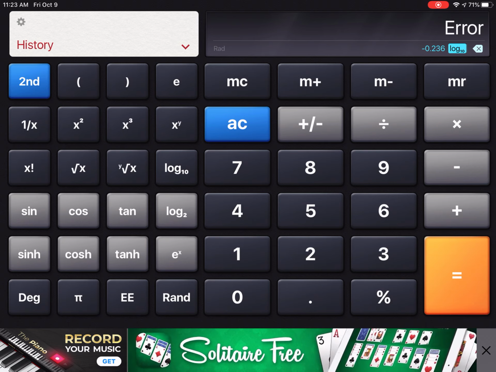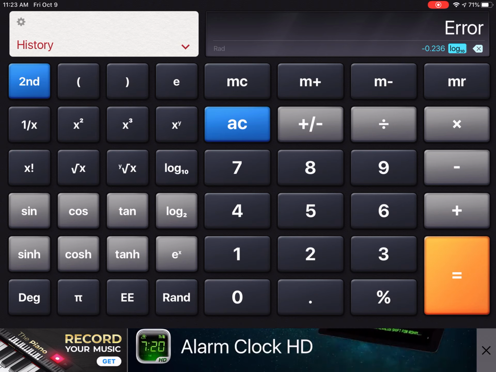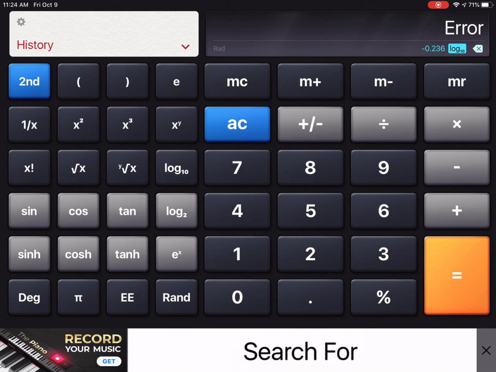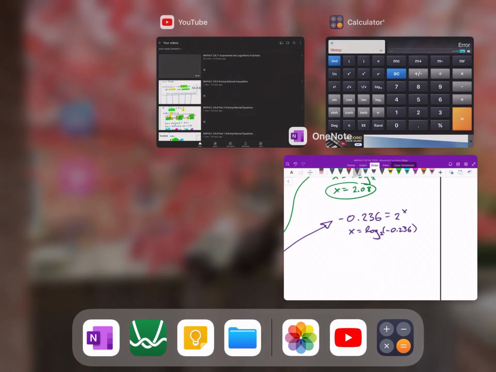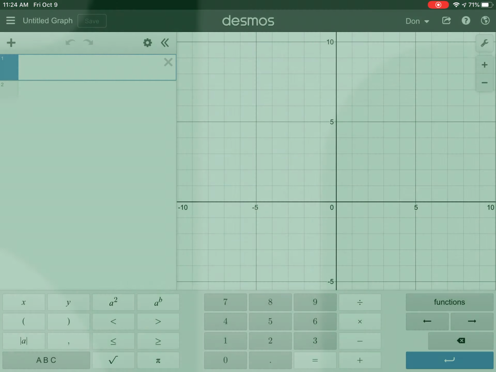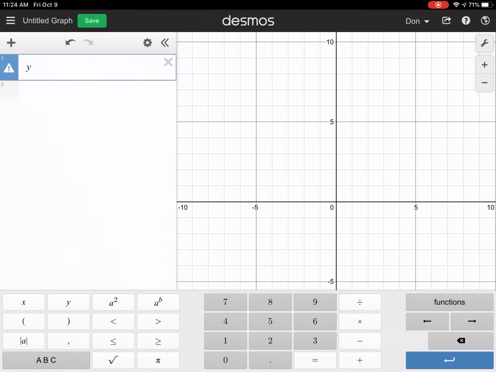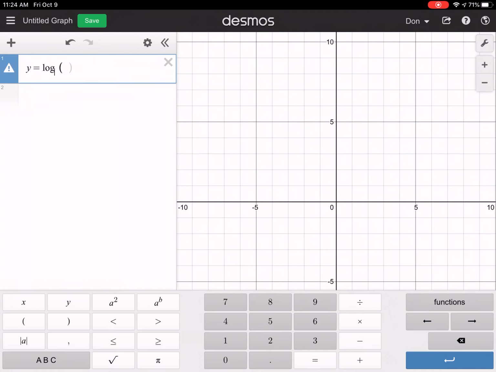The reason we get an error is because we can never take the log of a negative number. Remember back to our log graphs, our log functions, that's the word I'm looking for. X never goes below 0. Let's go to Desmos just as a reminder, quick sketch. We're basically using y equals log base 2 of x.